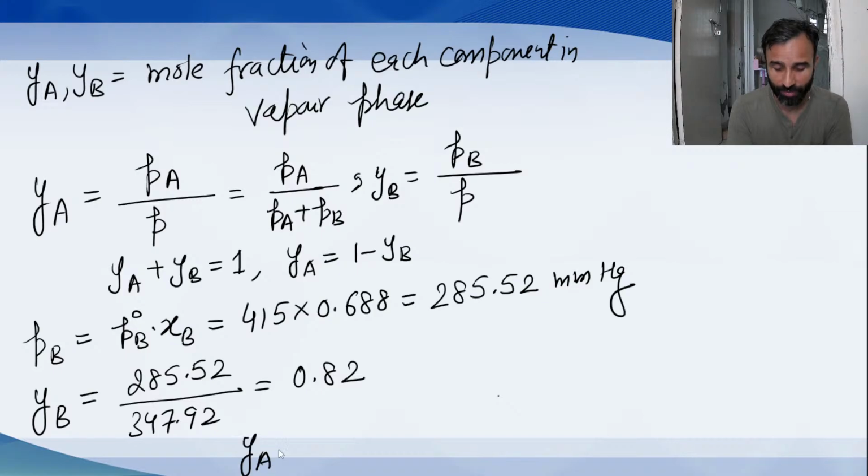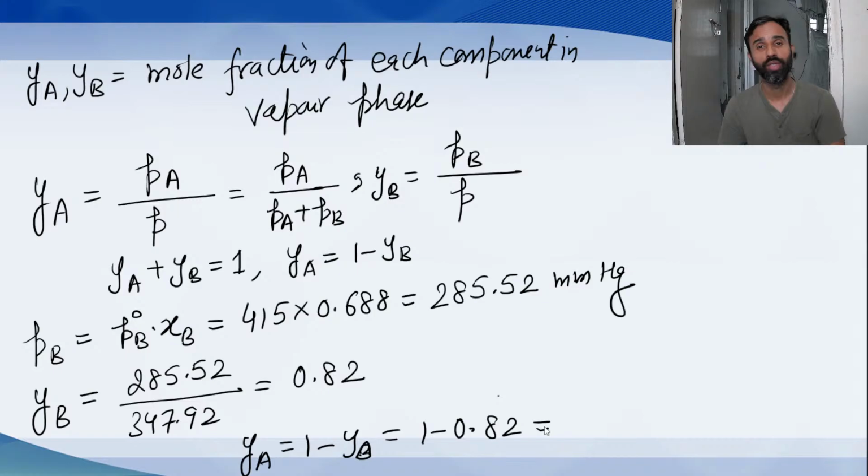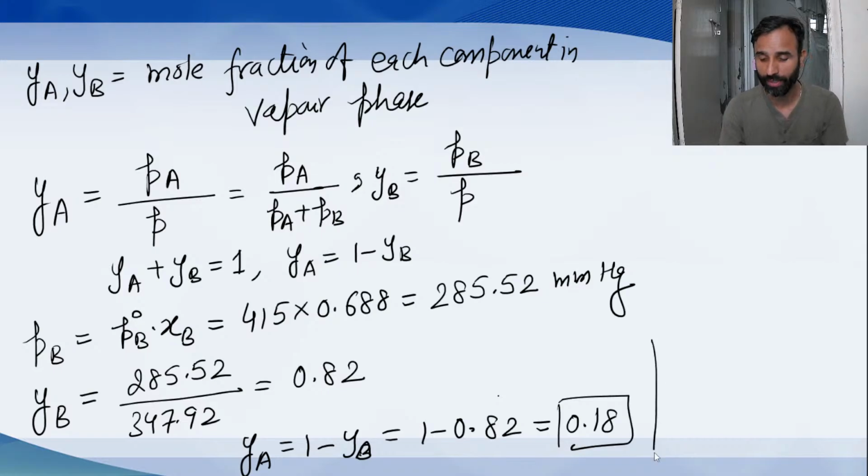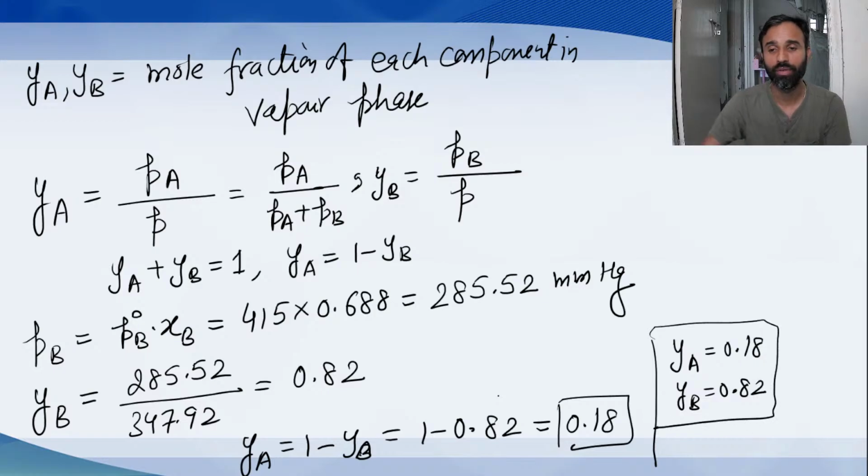So what is YA? 1 minus YB, that is 1 minus 0.82, that is 0.18. YB is 0.82 and YA is 0.18. So this is for the second question, the second part of the same question. That mole fraction in vapor phase is 0.82 and 0.18.